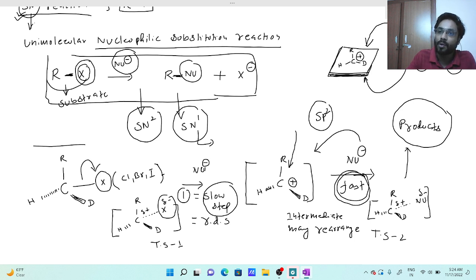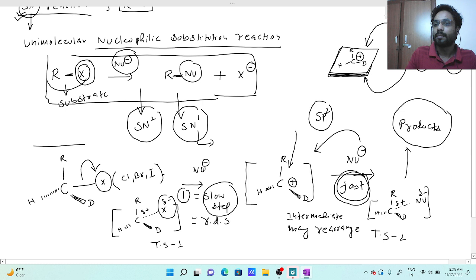One product when the nucleophile is attacking above the plane, and the second one when the nucleophile will be attacking below the plane. Right. These are the two products. And here I would like to say that both the products are equal in concentration.